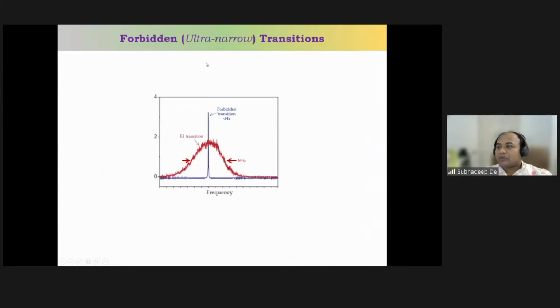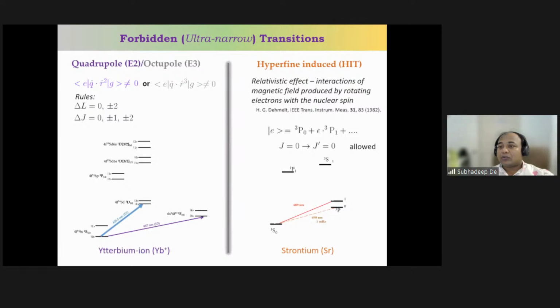So you have to choose a transition where delta nu is very small, and that means you cannot choose an electric dipole transition which has a much wider line width, typically a few tens of megahertz, but you can choose some classically forbidden transitions. For example, electric quadrupole transitions or electric octupole transitions, or there are another type of transitions called hyperfine induced transitions.